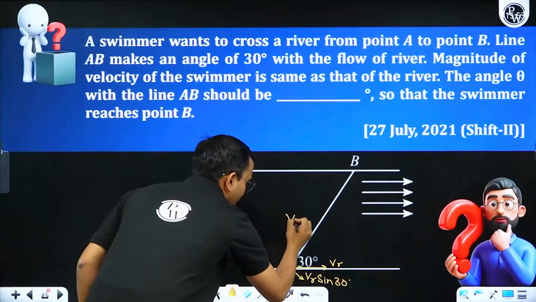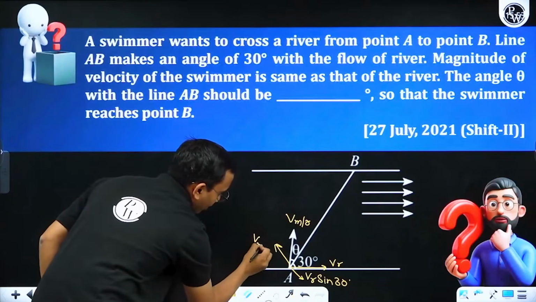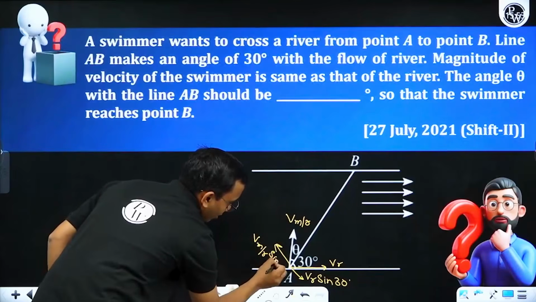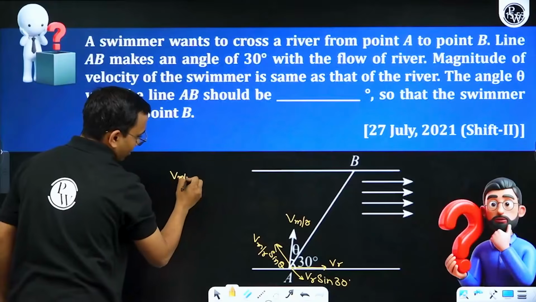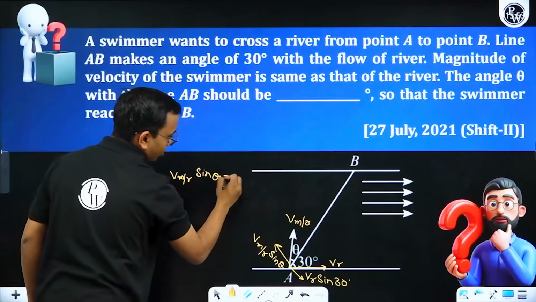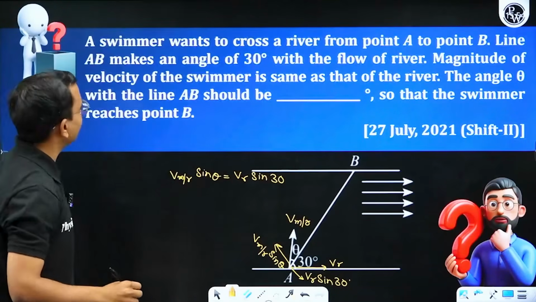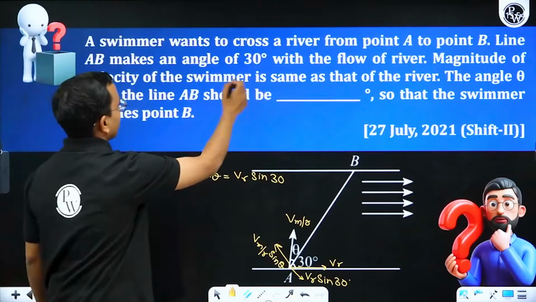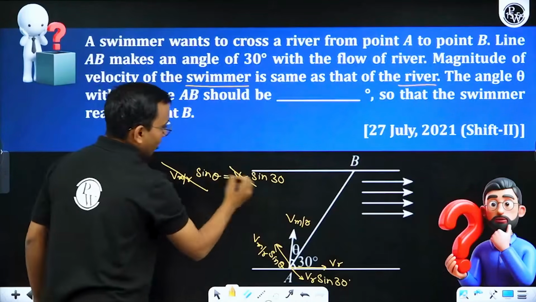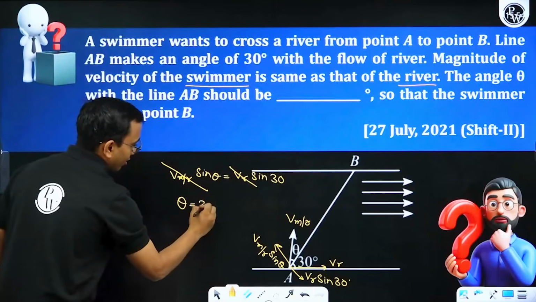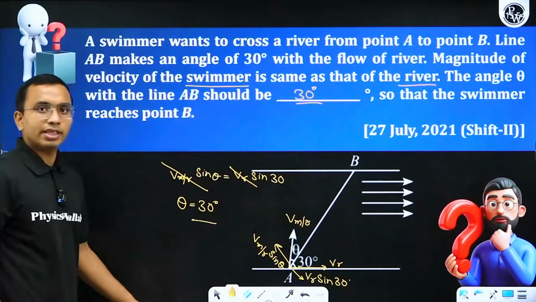This is velocity of man with respect to river, and its perpendicular component is velocity of man with respect to river sin theta. Equate both of them, because then only they will cancel. So sin theta is equal to velocity of river sin 30. It is mentioned that the magnitude of velocity of swimmer is the same as that of the river, so these two are equal. It means theta is 30. So we got this as 30. Easy.